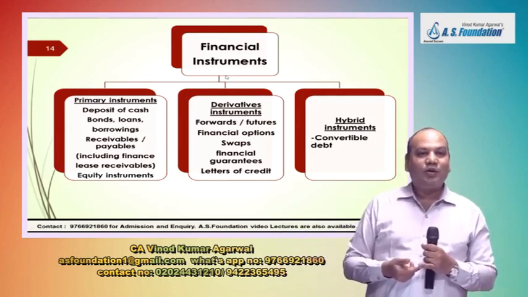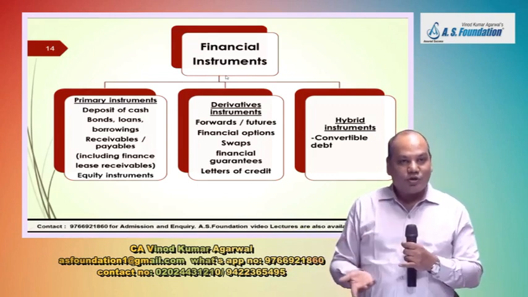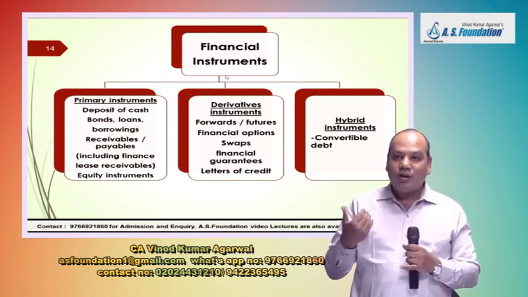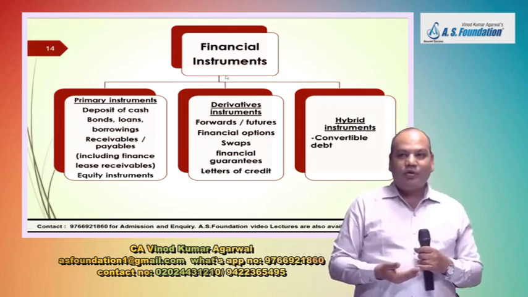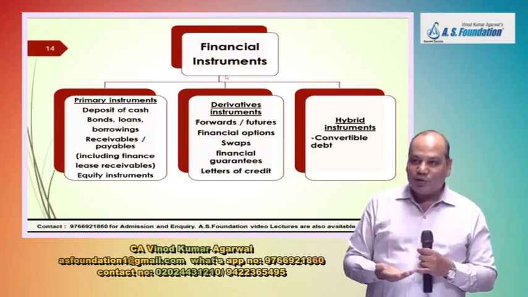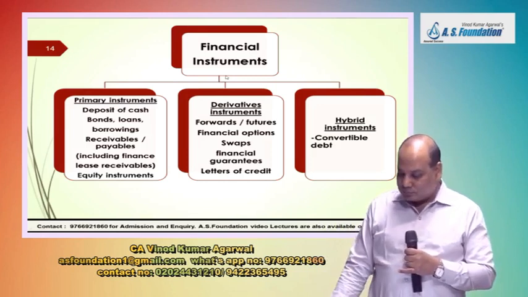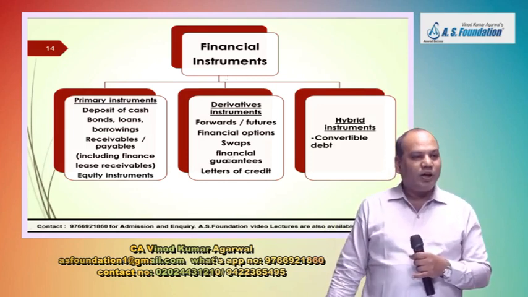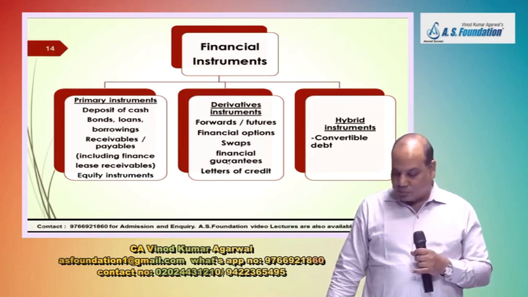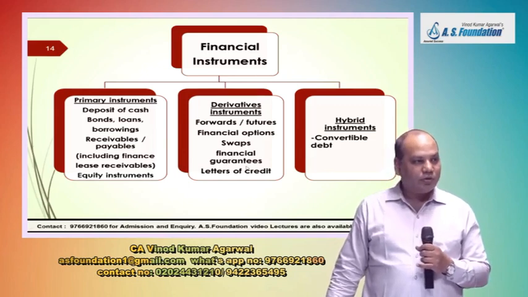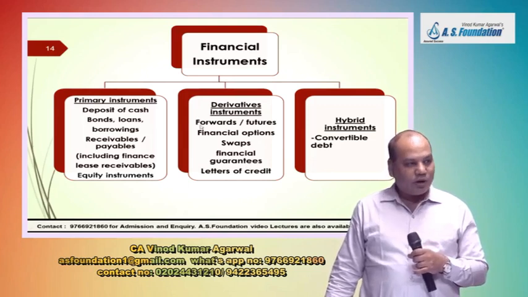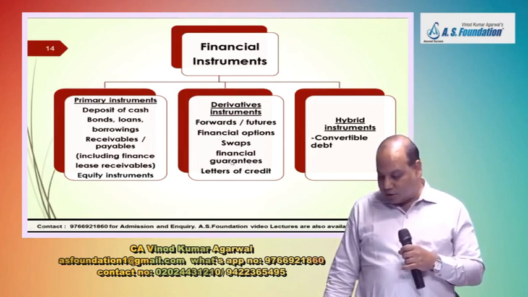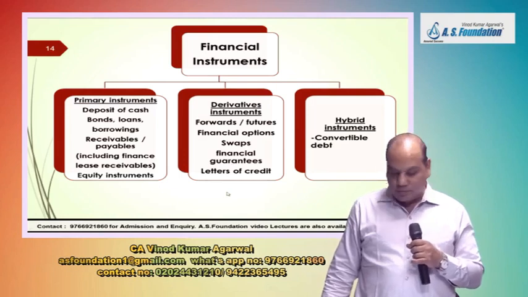The underlying can be a financial instrument like equity share, debenture. It can be a commodity like gold, copper, or it can be anything like weather also. Is it right? Some of the common types of derivatives that we use and which are traded on the exchanges are futures, options, swaps, and over the counter you can take forwards, guarantees, letters of credit.